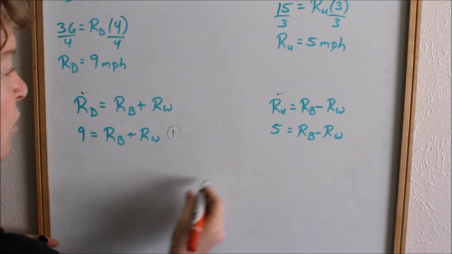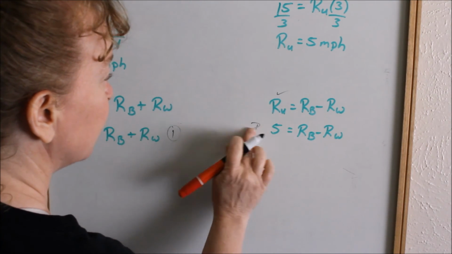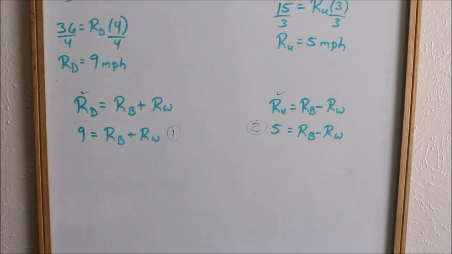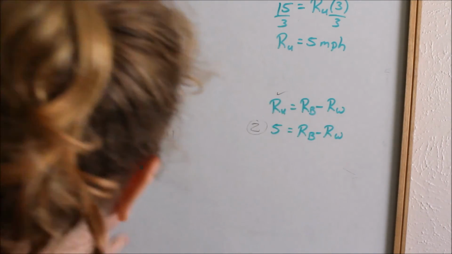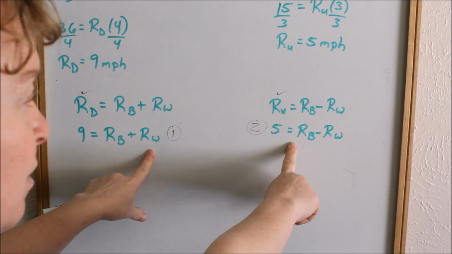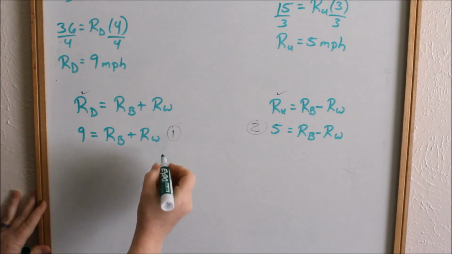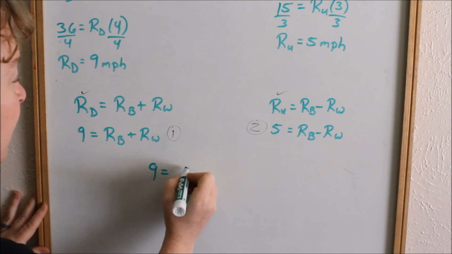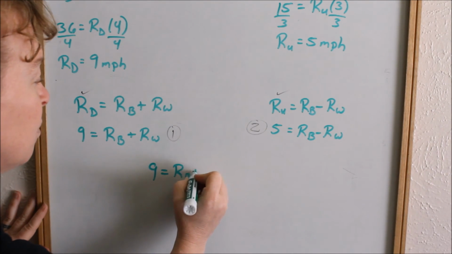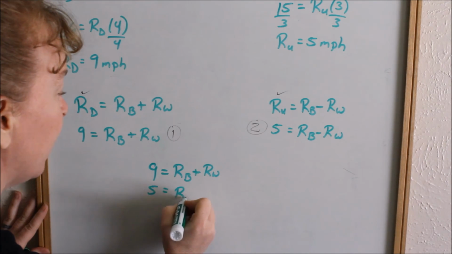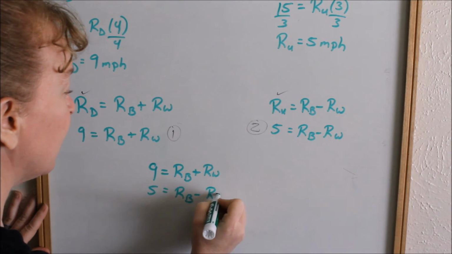I have equation 1 and equation 2. I have 2 unknowns and 2 equations, so I can take these, stack them on top of each other, and use elimination to solve. So I have 9 equals the rate of the boat plus the rate of the water, and 5 equals the rate of the boat minus the rate of the water.